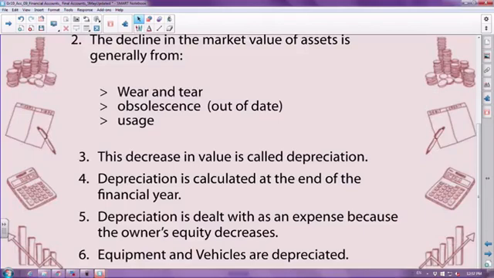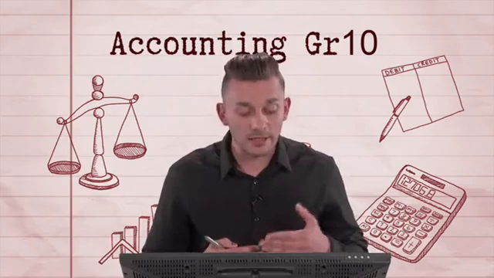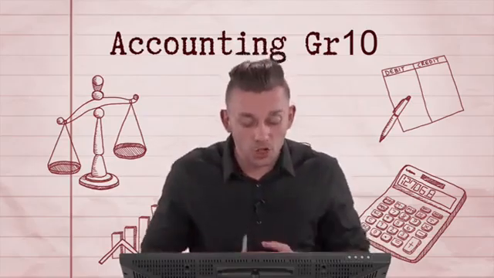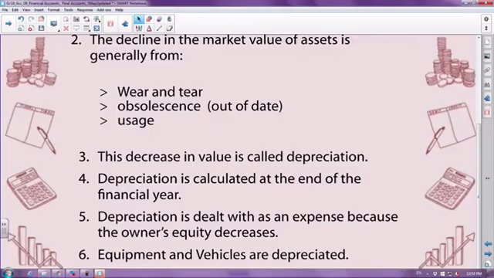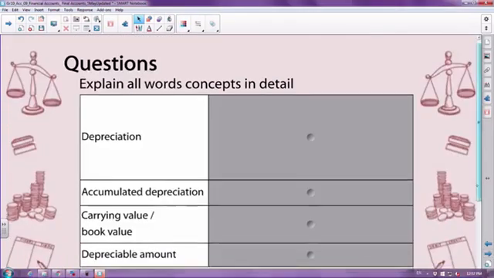So if you use the asset for that year, it's an expense. And then depreciation is calculated normally at the end of the year, especially in grade 10, always at the end of the year. Depreciation is dealt with as an expense, and it's only on equipment and vehicles. So that's a few notes that you need to know. So let's continue with the info.